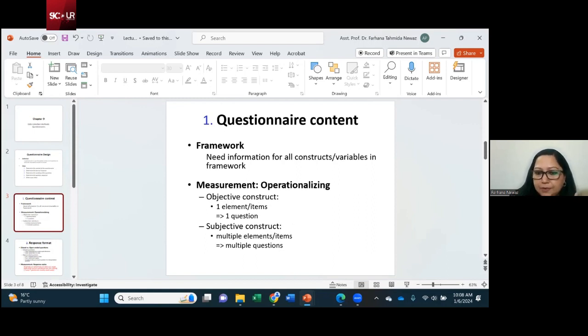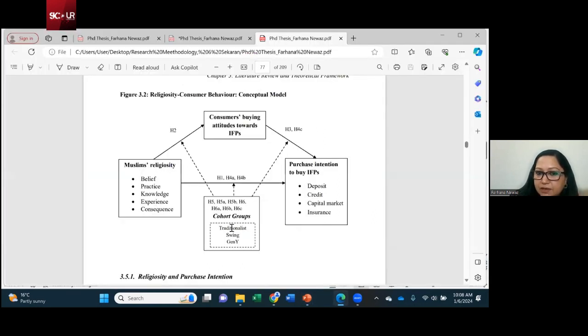For example, take generational cohort. I can just ask one question: which generational cohort are you under? Traditionalist, swing, or gen? I'm only asking one question, and with only that question, which we also call an item, we can automatically understand which group that particular person belongs to.